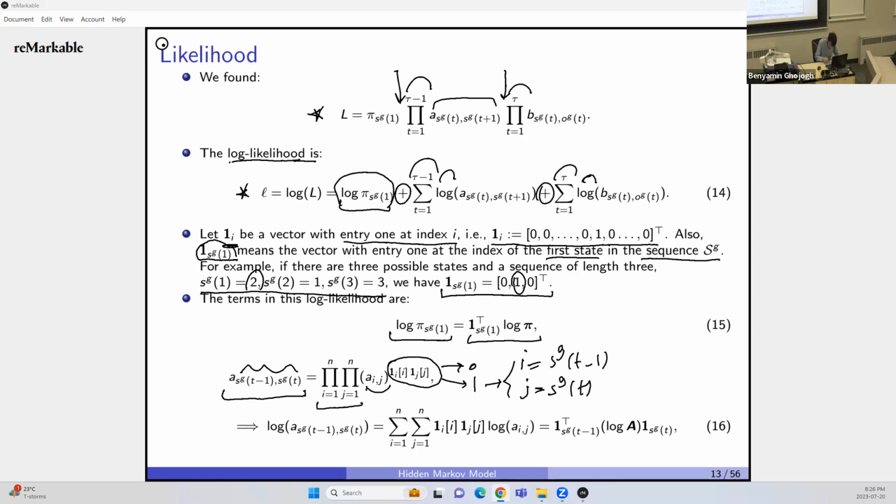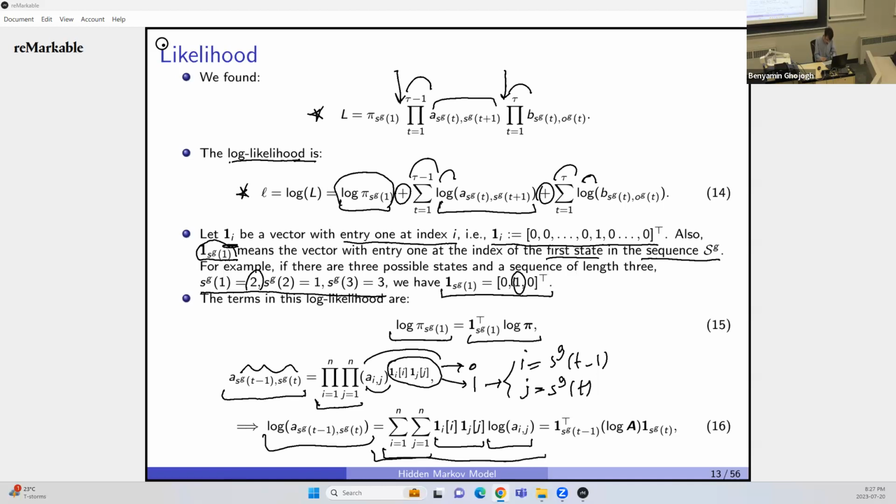Therefore, I now have this term, right? The logarithm of this. Again, the logarithm of a multiplication becomes a summation of logarithms. So these multiplications become summations. We know the logarithm of a to the power of b becomes b times the logarithm of a, right? So the power comes in front of the logarithm, and then I have log a_ij.